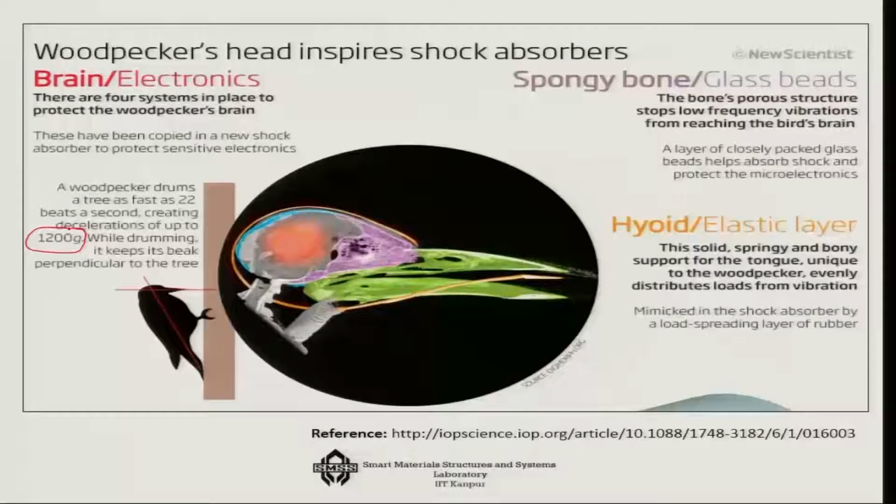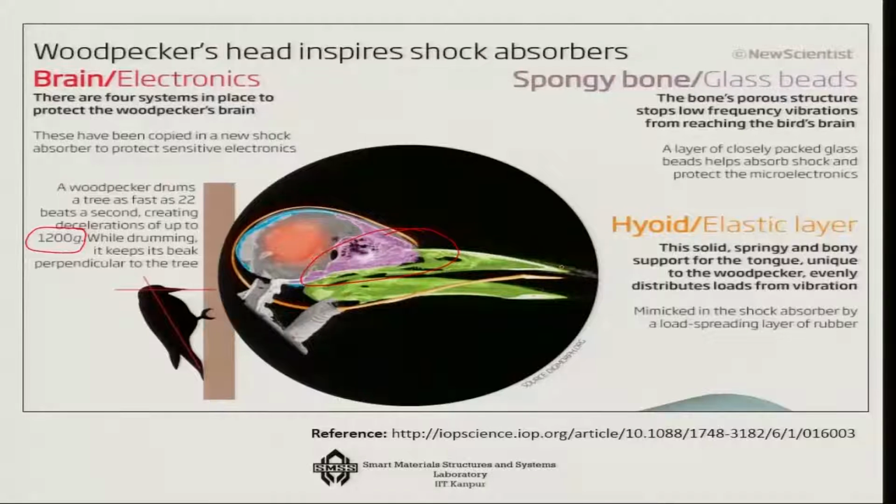Now, in order to save the woodpecker from brain damage, the way nature has designed this system, there are a couple of things which are very interesting. One is that it has given it a beautiful spongy bone structure. The spongy bone structure is such that it can actually absorb much of this shock.